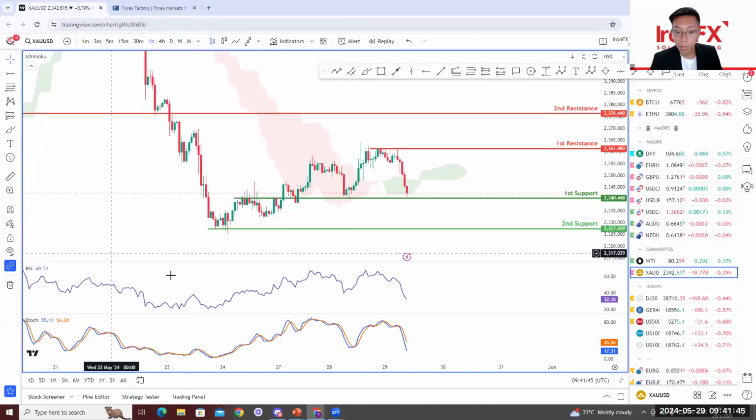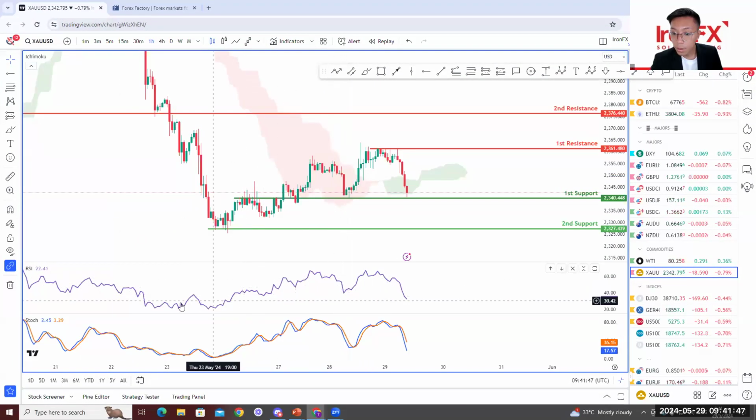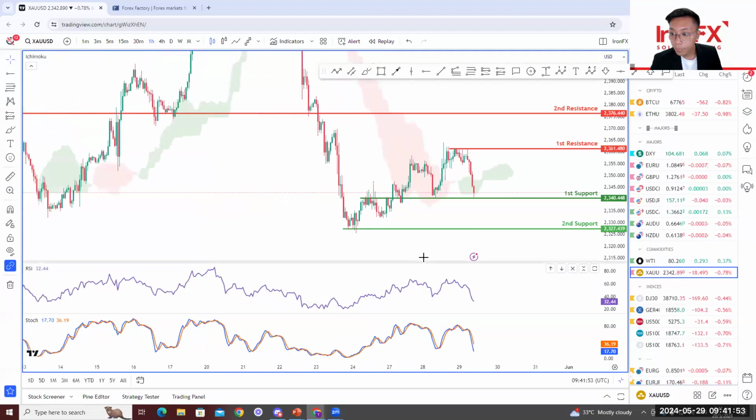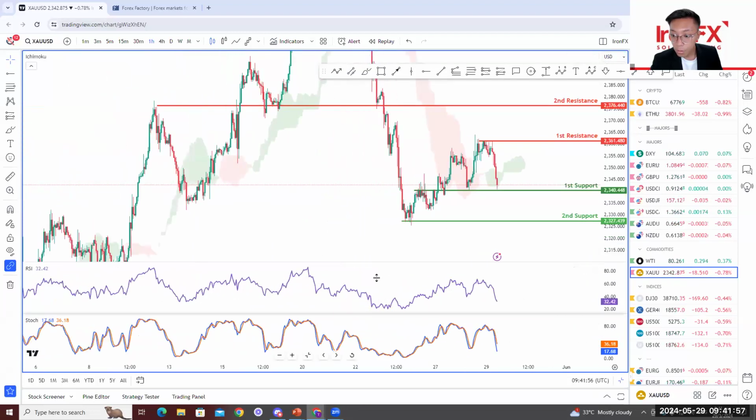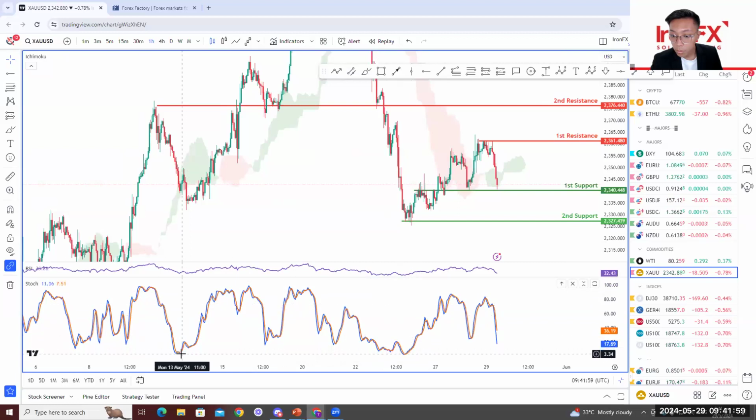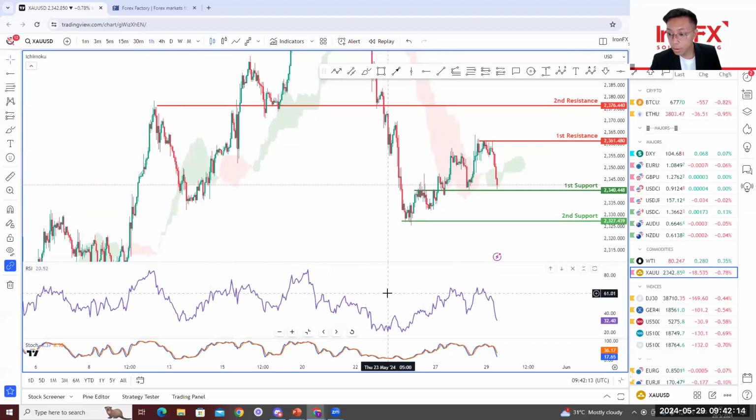Let's see what we can see. Okay, I don't see anything so far. Okay, this is our hidden resistance.